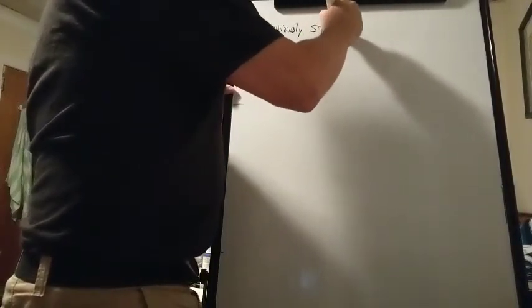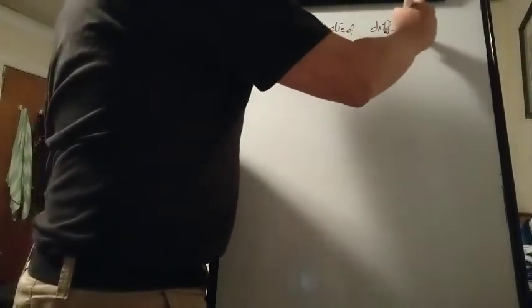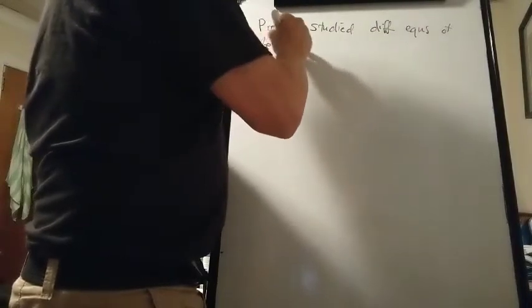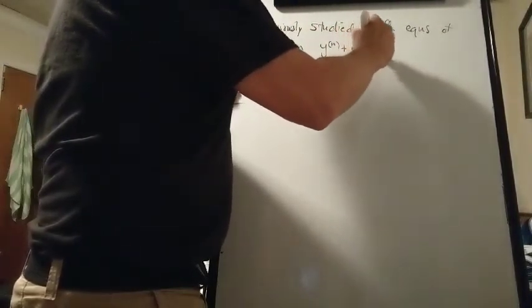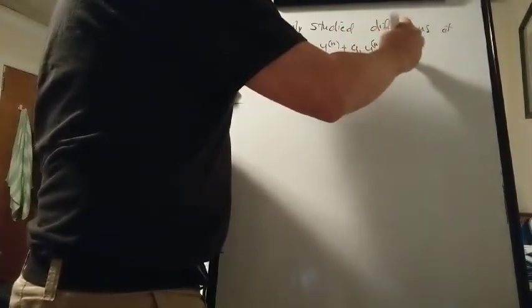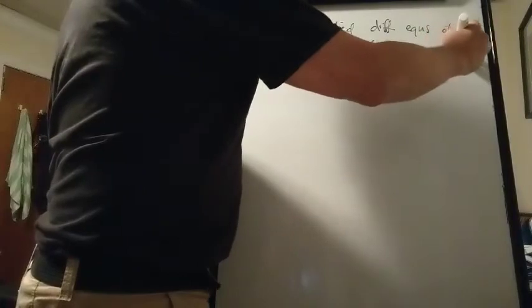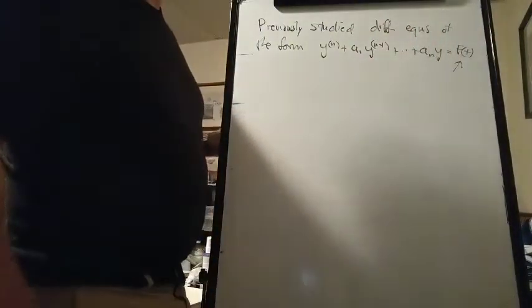So we've previously studied differential equations of the form nth derivative plus something times the n minus first derivative, etc., plus something times y equals f of t, with this function f of t being continuous.